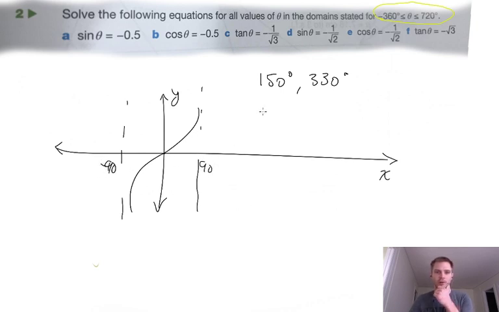So which cycle are we in? 150. Okay, so let's do one. This is 180. So it's 90, so halfway in between these guys. This is 135. Okay.